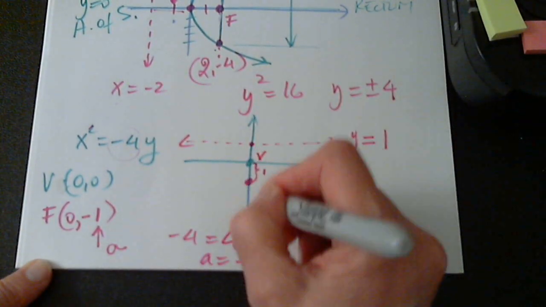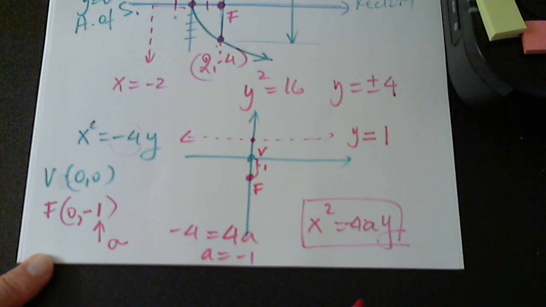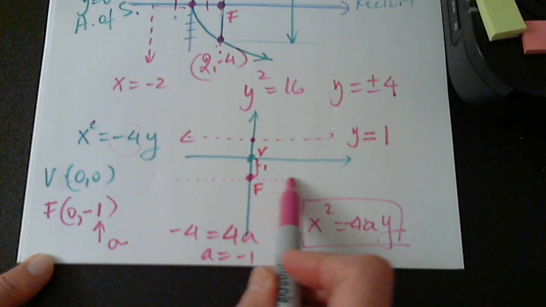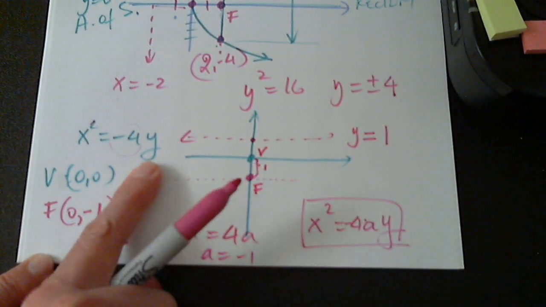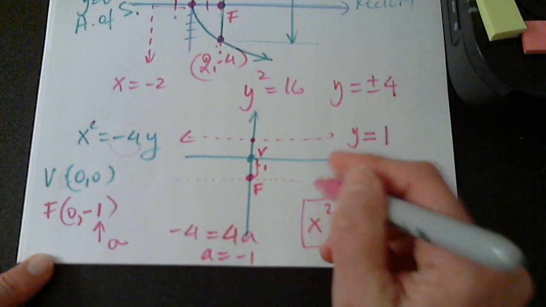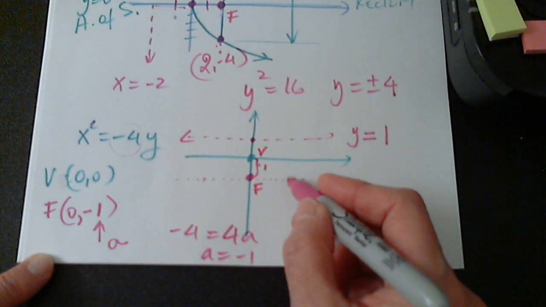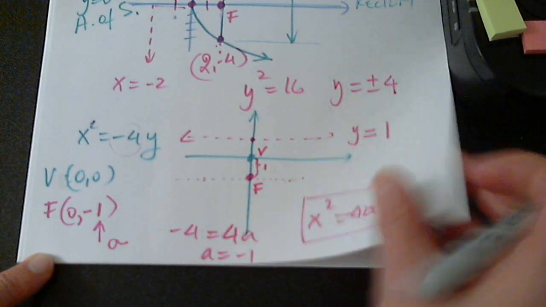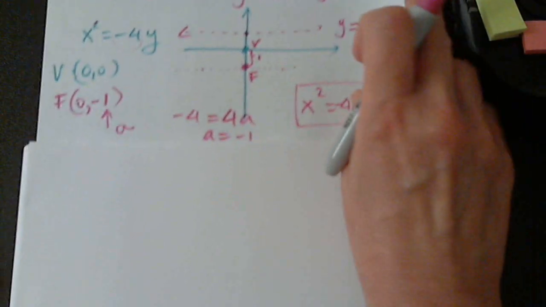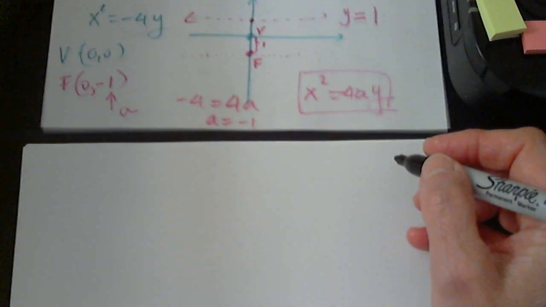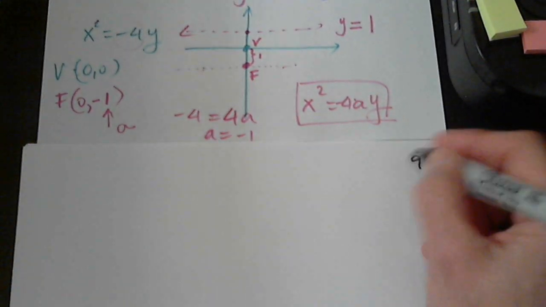So I determine the vertex, I determine the focus. Now, on this line, which is y equals negative 1, I have to determine two values, two ordered pairs left and right. So let me go back to the next page. I think I missed something.